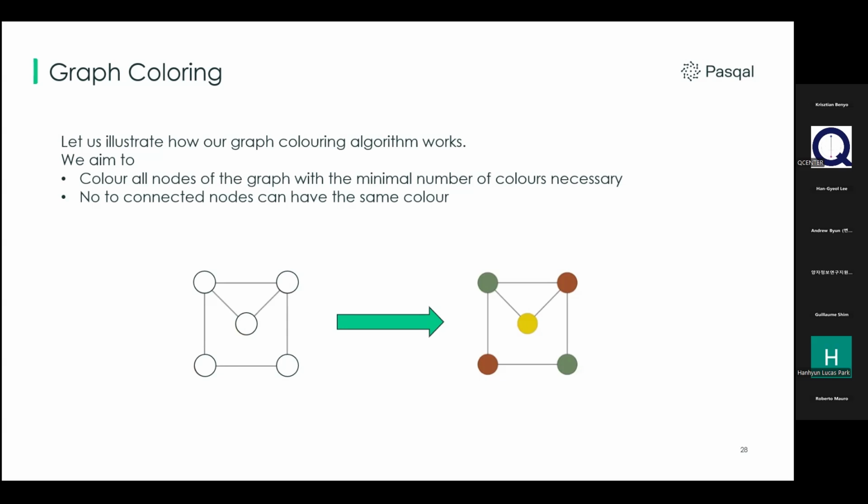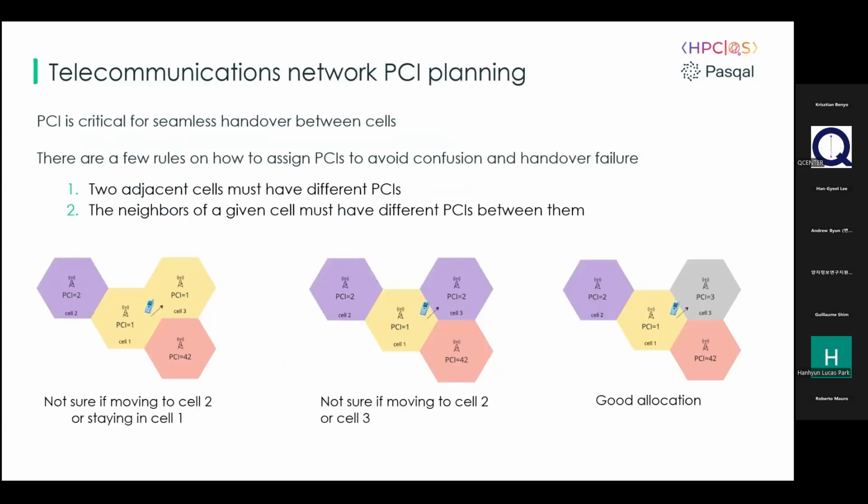Here for this 5-node graph, a good coloring is provided on the right-hand side. This is not the only potential coloring, but the advantage here is that it uses the least amount of colors possible, which is 3 in this case.